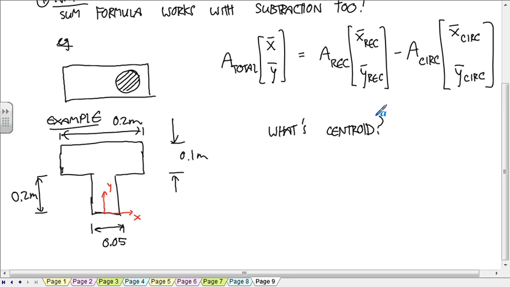Okay, well, right off the bat, you can notice that there's a line of symmetry like this. And so we already know that the centroid lies on the y-axis. So the only thing we have to do is figure out the y position of the centroid.